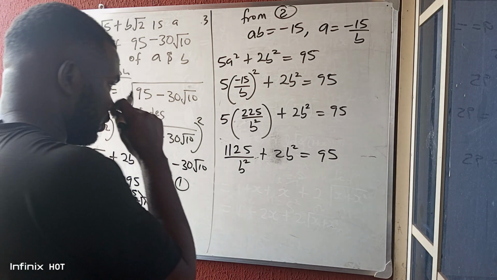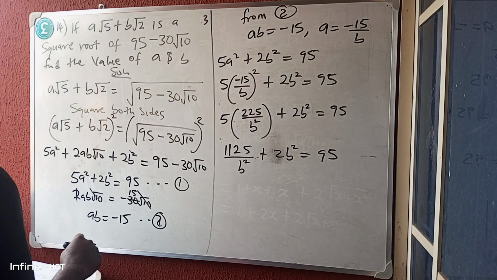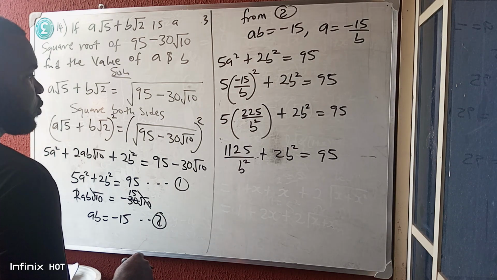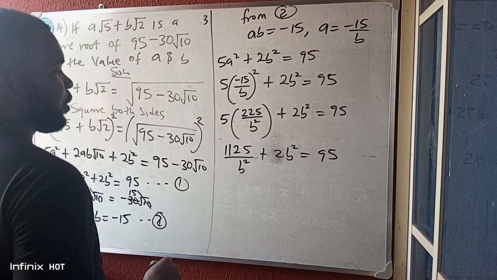So what do we do now? Multiply everybody by b squared.